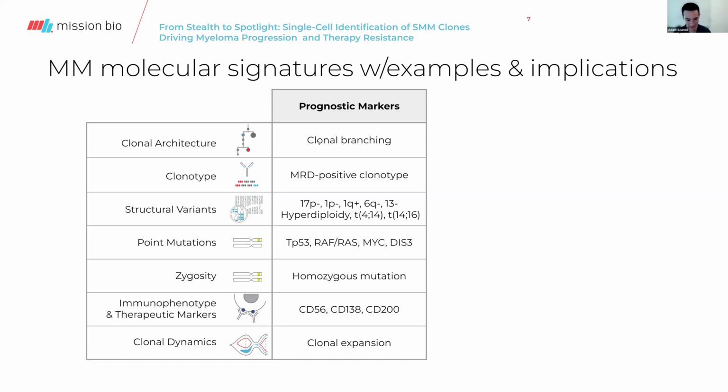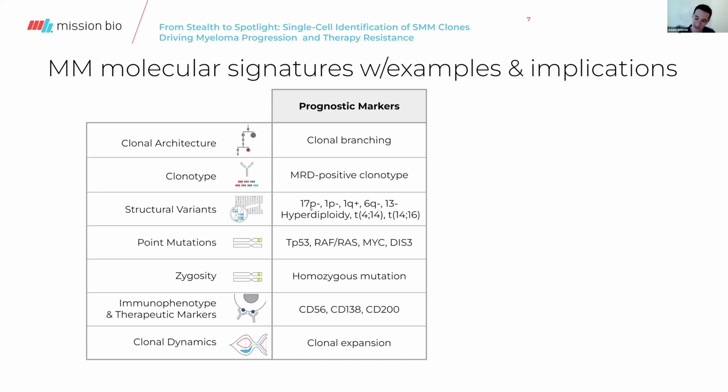If it's very linear, that's maybe better. If it's very branched, then there are many different competing clones, any one of which can become the next relapsed clone. In terms of clonotype, if you are in remission, a prognostic marker might be an MRD positive clonotype, a rare clonotype that was detected at diagnosis that you're now seeing reappear.